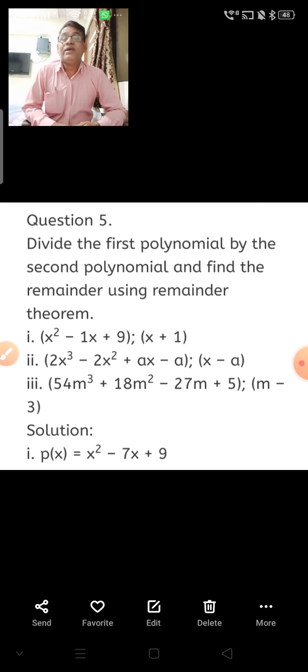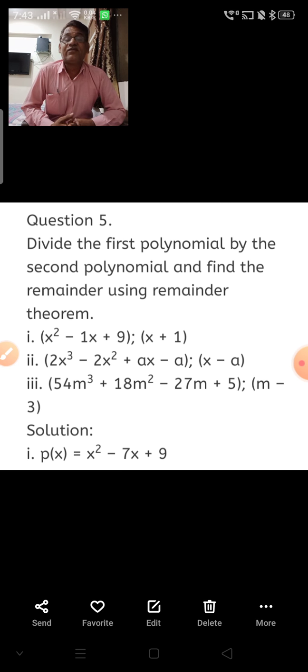Here in question number 5, three questions are there. The first is x square minus 7x plus 9 divided by x plus 1.